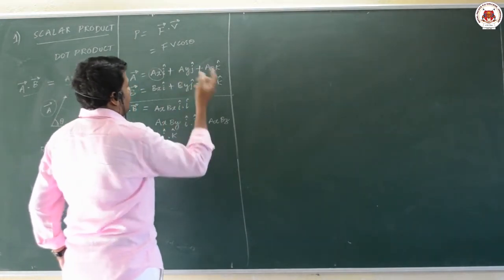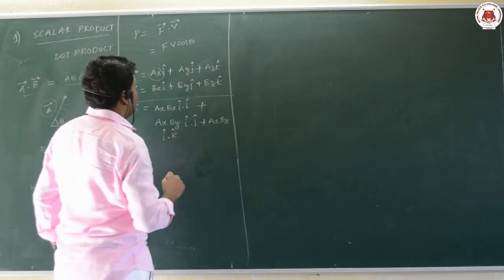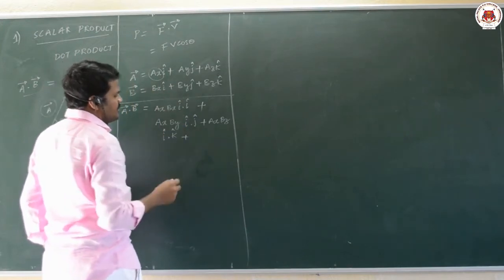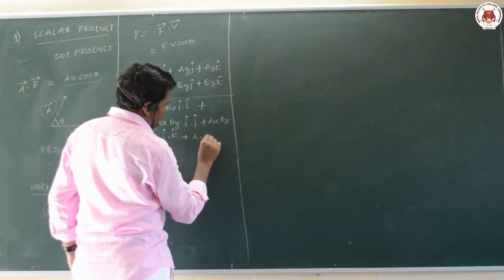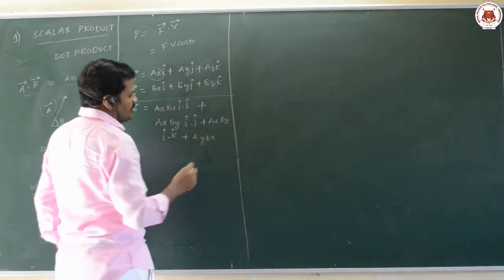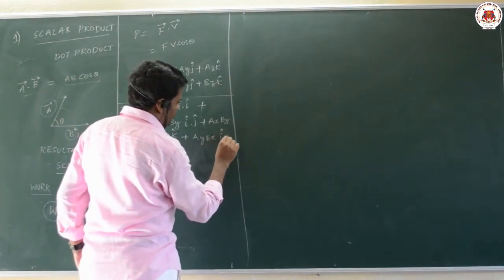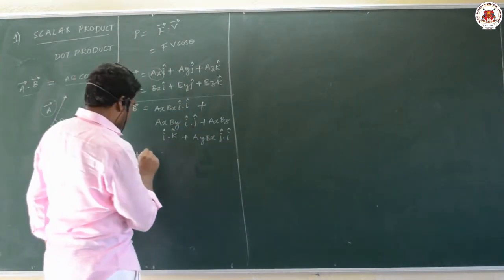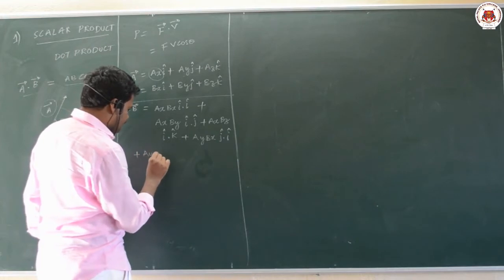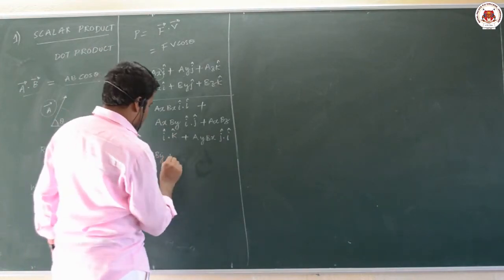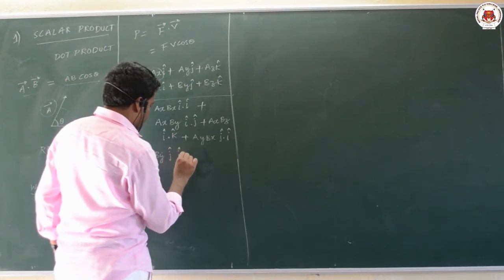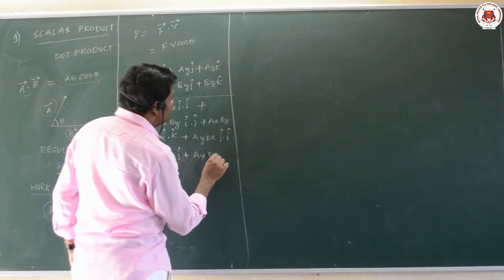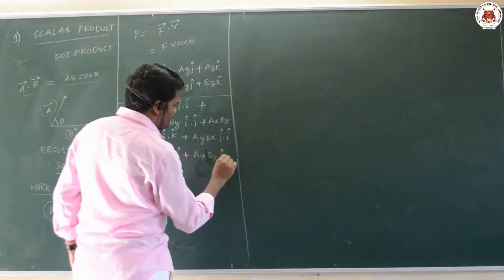Next, take each term of this and again multiply: ay bx, j cap dot i cap, plus ay by, j cap dot j cap, plus ay bz, j cap dot k cap.